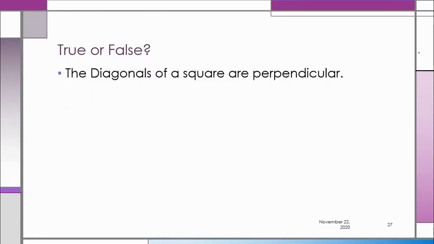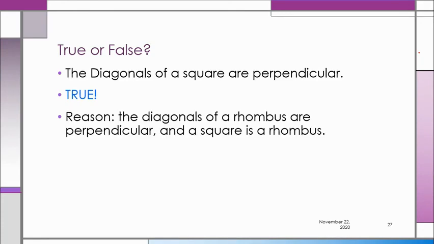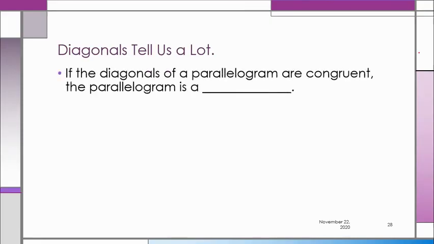True or false? The diagonals of a square are perpendicular. True. Remember, a square is a rhombus, and a rhombus's diagonals are perpendicular. So diagonals tell us a lot.